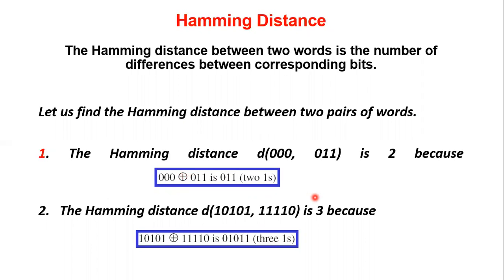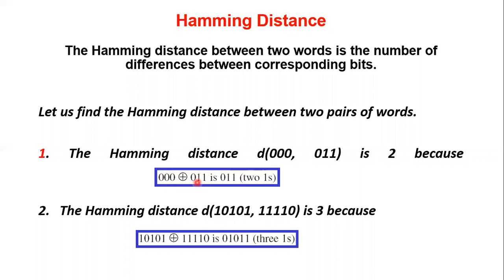Okay. Now let us see one example. Here this is the x coordinate and y coordinate. We have to find the Hamming distance. So 0, 0, 0 XOR 0, 1, 1. You know the XOR operation. If both values are the same, then 0. If both values are different, then it is 1. Right?